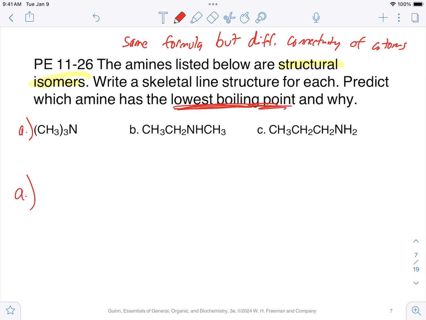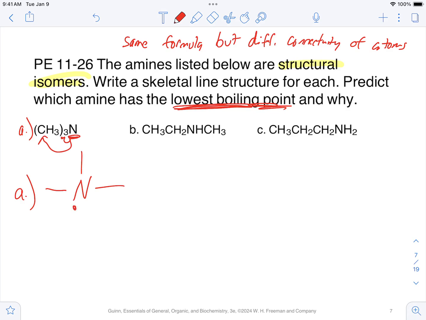skeletal line structure, so we have 3 CH3s, and then we have an N. So this N is going to be attached to 3 C's. So I'm just going to draw an N here, and it's 3 methyls. So there's 1 methyl group, there's 2 methyl groups, there's 3 methyl groups.